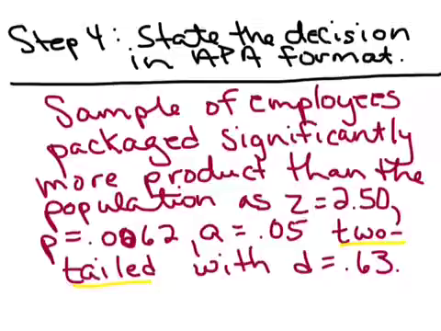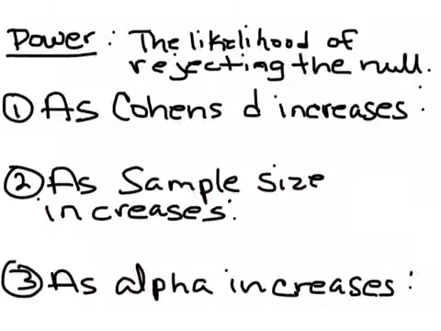So now we're going to go over a couple of things related to power before we wrap up. So power is the likelihood of rejecting the null. So how likely is it that you're going to reject the null? Power is directly influenced by three major things. As Cohen's d increases, power will increase. That likelihood of rejecting the null. Because Cohen's d, or an effect size, is basically the absolute magnitude of your effect.